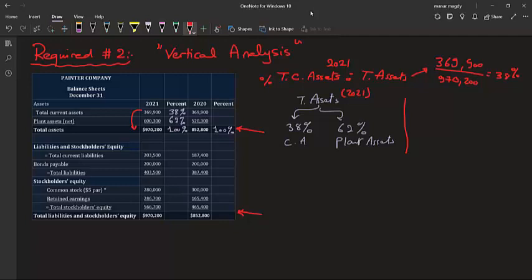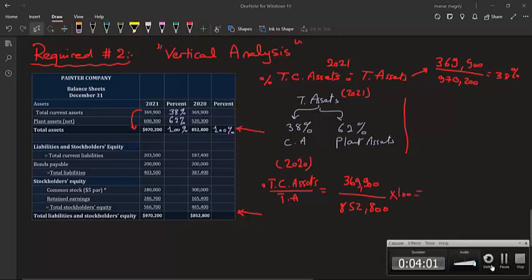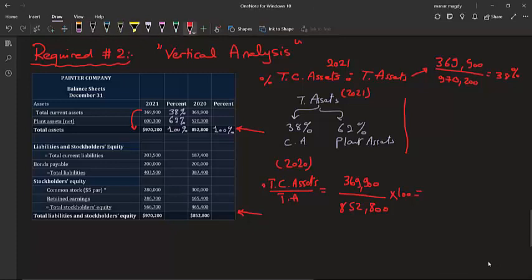369,900 for year 2020. The total current assets divided by the total assets equals 369,900 divided by 852,800 multiplied by 100. So the total amount equals 43%.